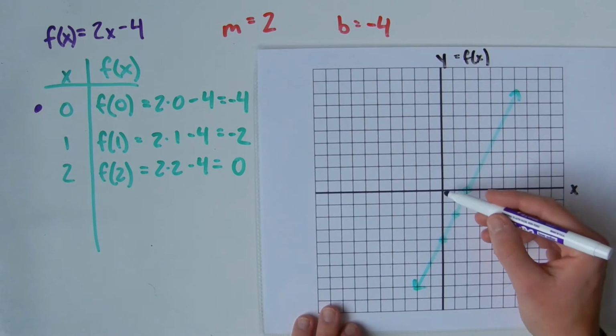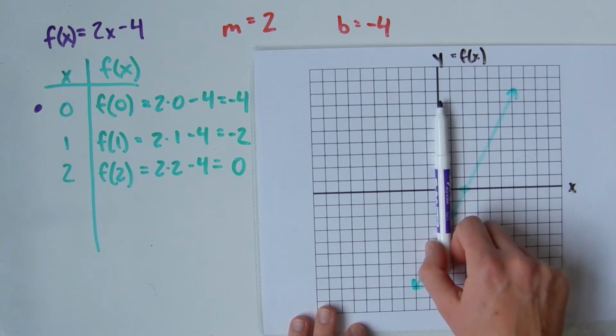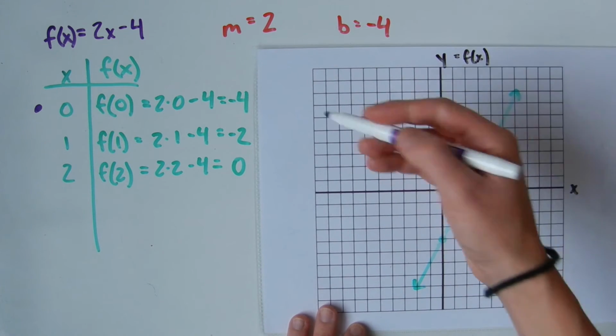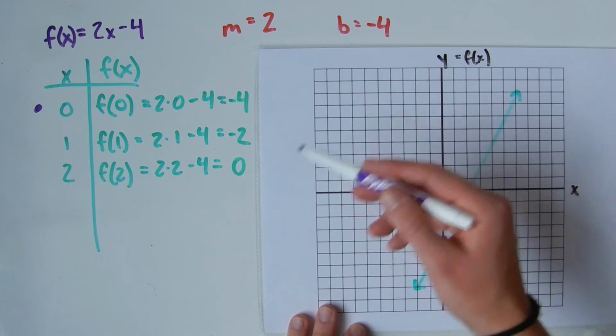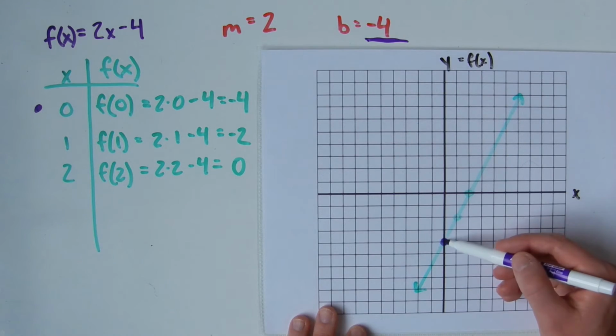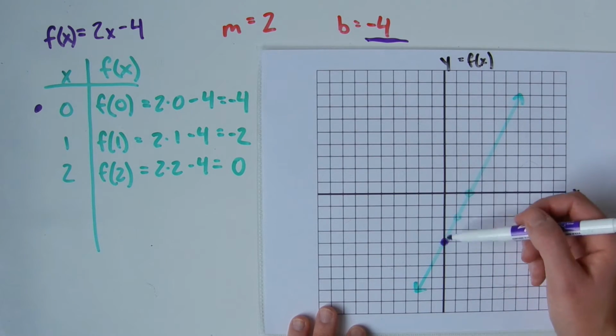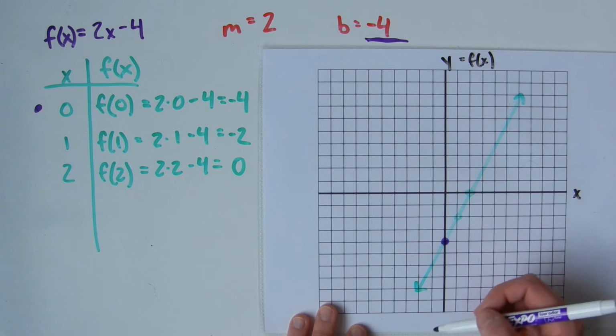When x is 0, that means that we're on the y-axis. And that occurred at -4. So you can see our y-intercept of -4 did indeed occur at the point 0, -4.